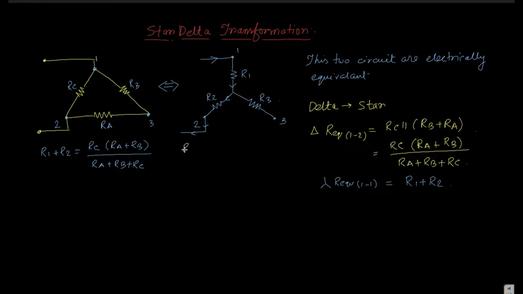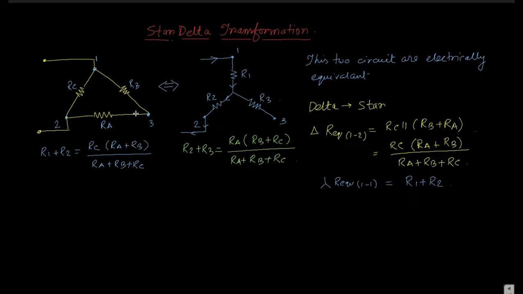So R2 plus R3 equals RA times RB plus RC, divided by RA plus RB plus RC. Is it? Yes. Okay.